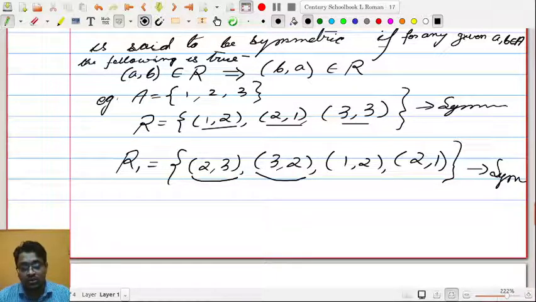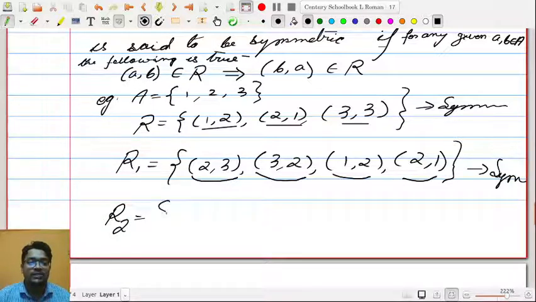If that is not true, then it's not symmetric. So here (2, 3) is related, so (3, 2) is also related here. (1, 2) is related and (2, 1) is also related. So we can safely say that yes, it's a symmetric relation. It's not necessary that 1 should be related to 3. If 1 is related to 3, then 3 should be related to 1. This condition should be satisfied.